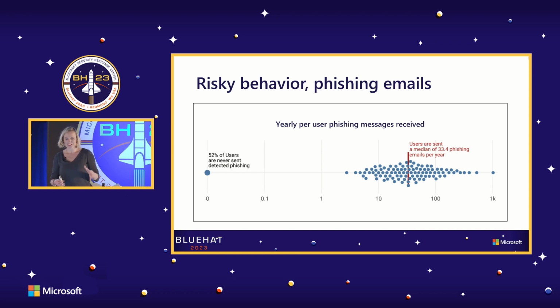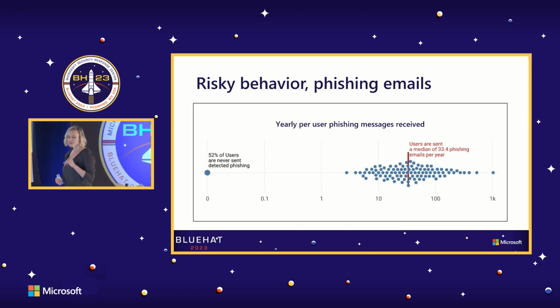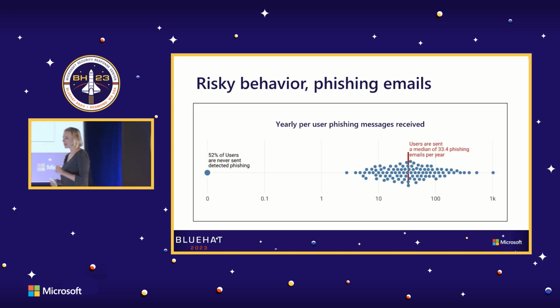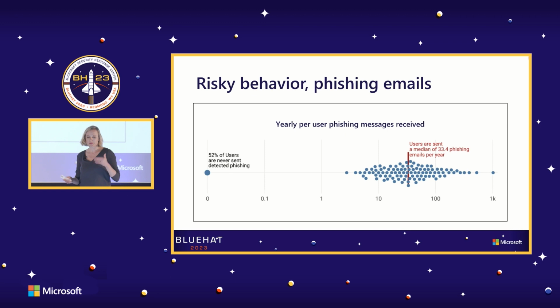On the very left-hand side, you'll see that 52% of the users in our data sets never received a phishing attack that was detected by our systems, by the email gateway solutions in place. So 52% never received an email. And there's this smattering on the right-hand side that shows that at the median, 33 phishing emails are delivered to individuals who did receive one.